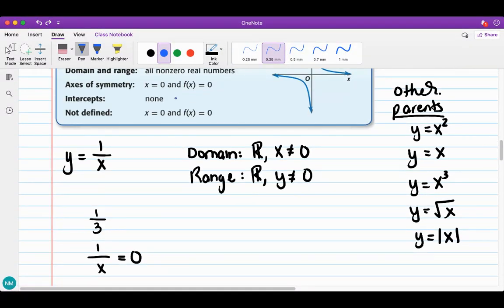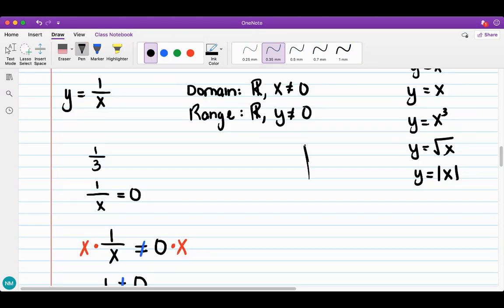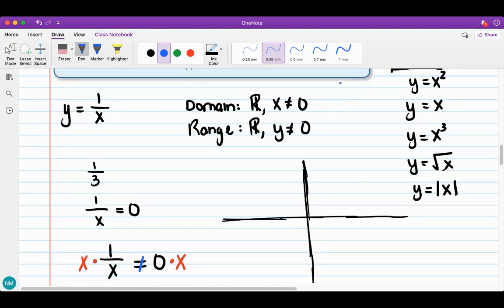So what this means is that when we graph this function, and we've spoken about asymptotes before, when I have a restriction on my domain or my range, that means I have an asymptote at that value.